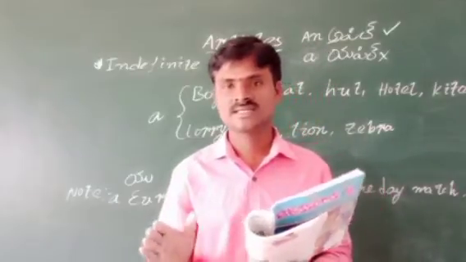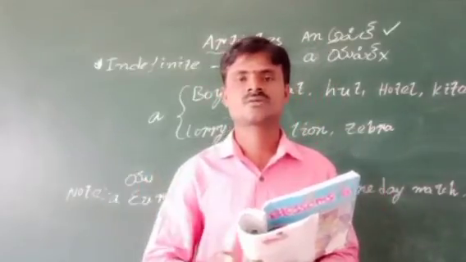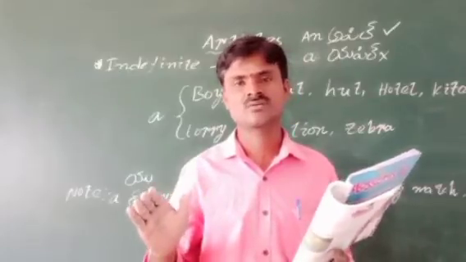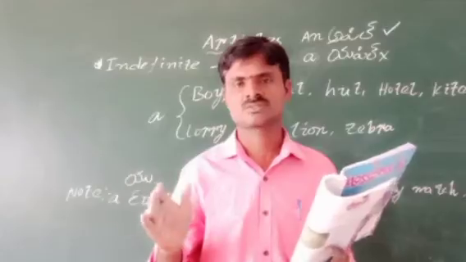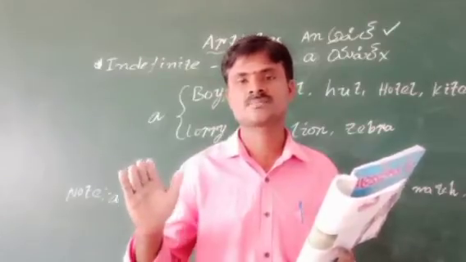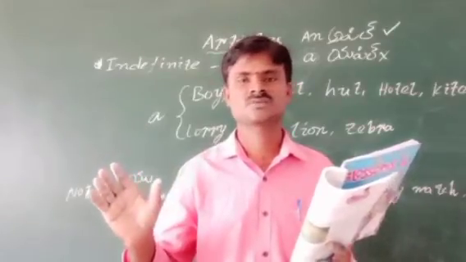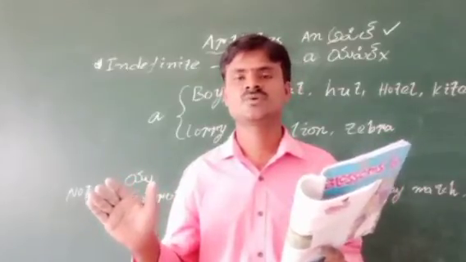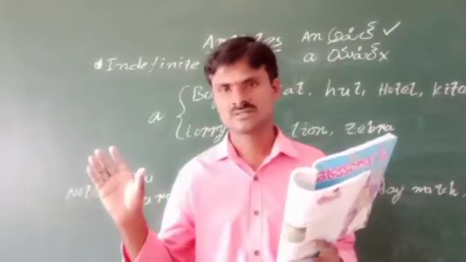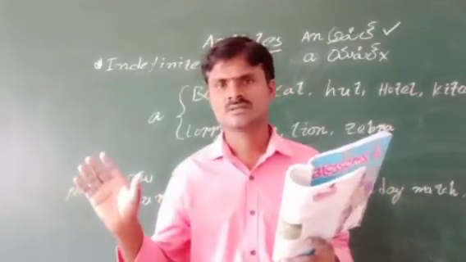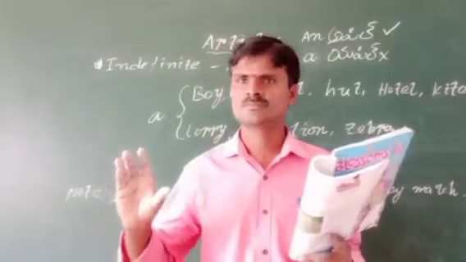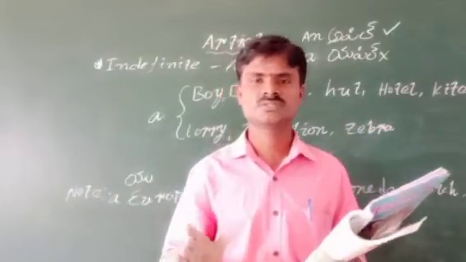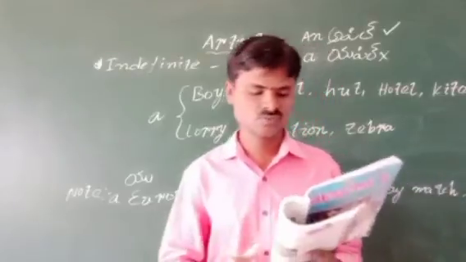The John who is coming from Srikakulam is a very good writer. If you want to say that particular person, you need to use the article before John. In particular cases you have to use the; if you use it generally, you should not.